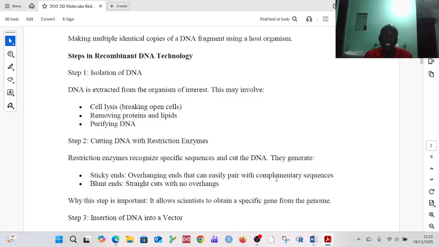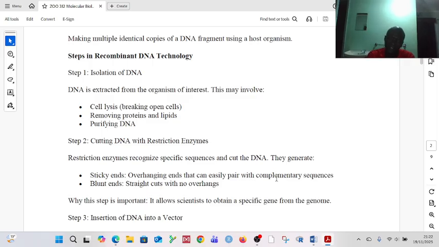You are just getting a segment of the DNA from the donor. So you need, therefore, to cut that segment that you want to introduce. Okay, so the process of cutting, we use the restriction enzymes.